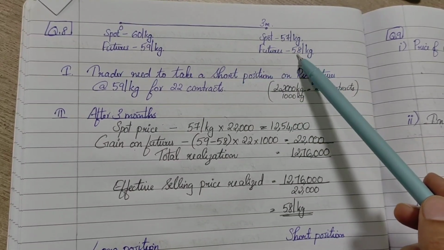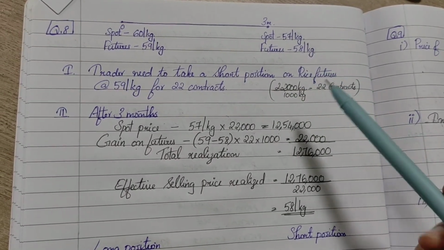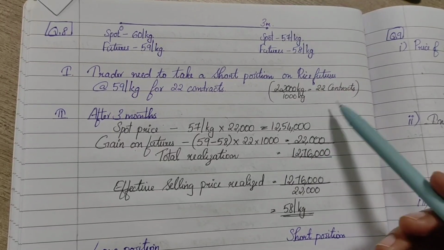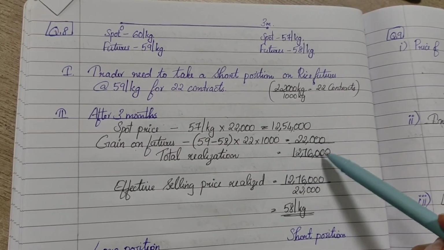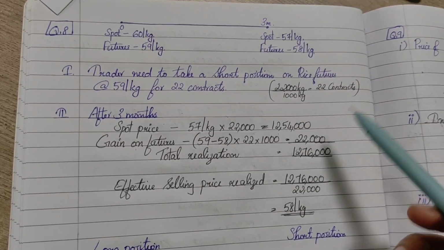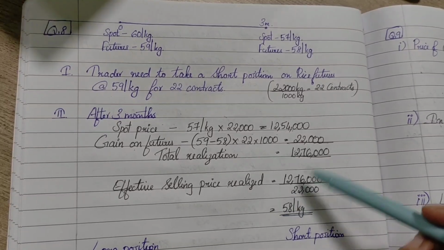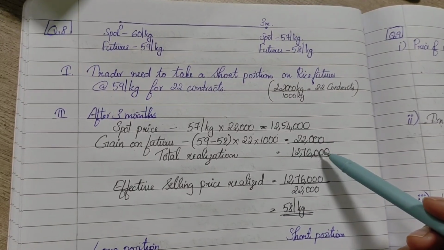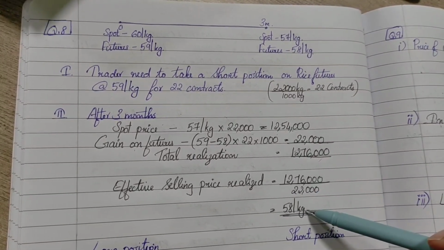So there is a gain of 1 per kg. So 1 into 22,000. So total realization is 12,76,000. Effective selling price realized will be 12,76,000 divided by 22,000, 58 per kg.